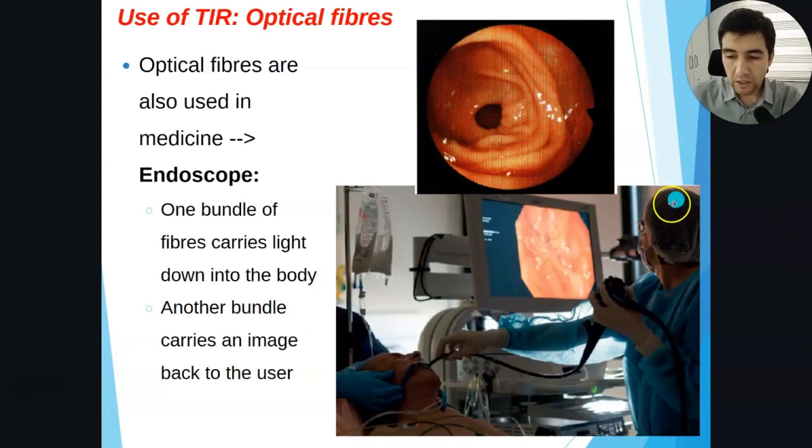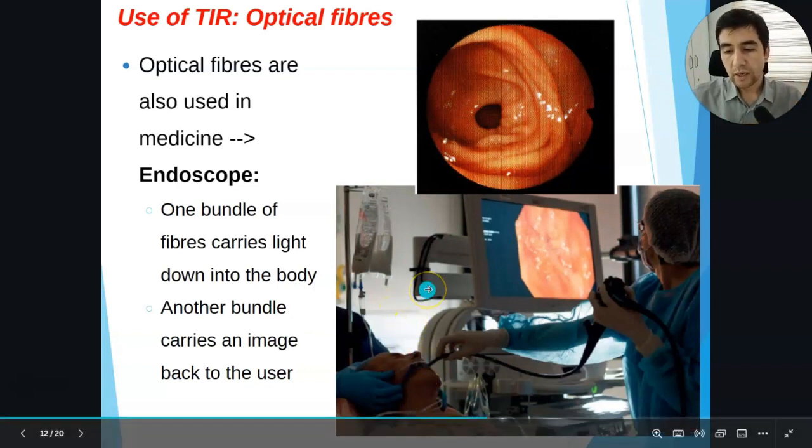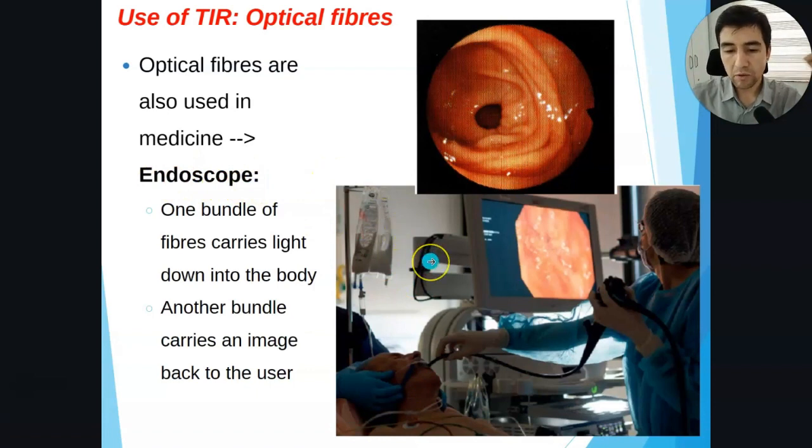The next use of optical fibers is in medicine. As you can see in the picture, a doctor is analyzing the internal organs inside the body of a patient with a special device called an endoscope. What happens? One bundle of fibers carries light down into the body, and another bundle carries the image back to the user, to the screen.